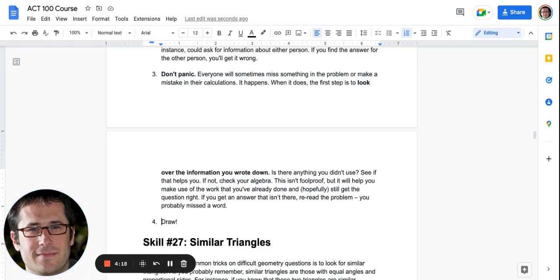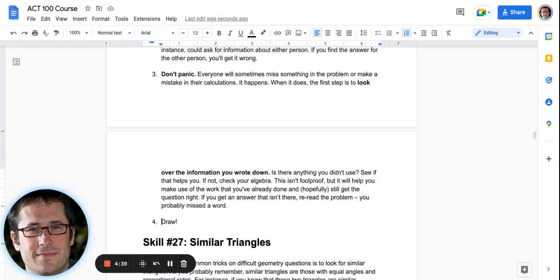You should draw them. That's really, really important. If they describe some kind of triangular situation, you draw a triangle and you label it. Draw, draw, draw. Your brain is much better at understanding pictures than it is at understanding words, especially if those words are trying to describe something visual.